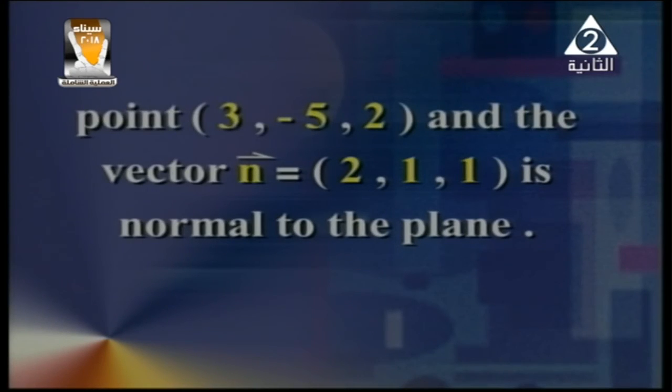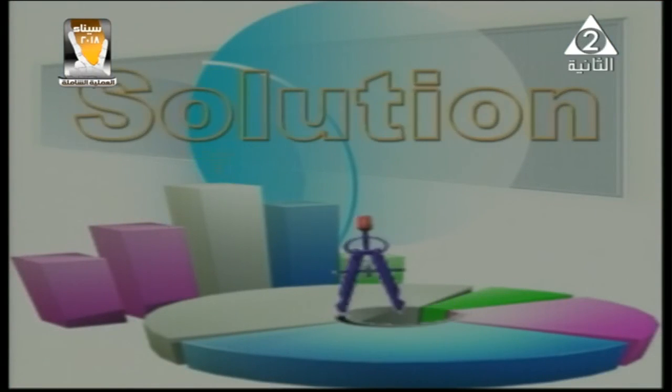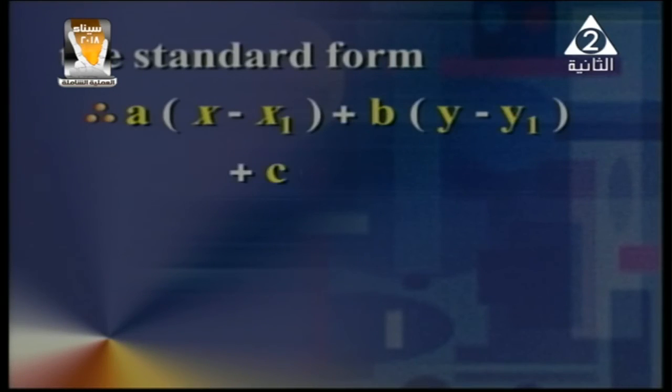We have the point 3, negative 5, 2 and the normal vector n 2, 1, 1. Solution. The standard form is a multiplied by x minus x1 plus b multiplied by y minus y1 plus c multiplied by the bracket z minus z1 equals 0.